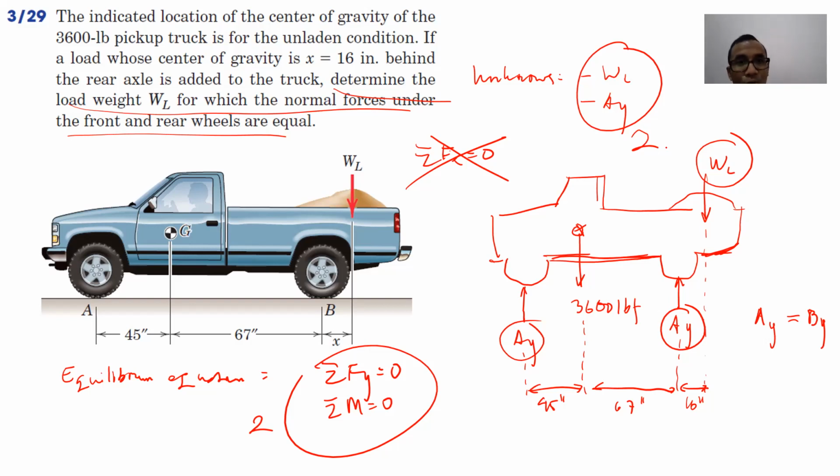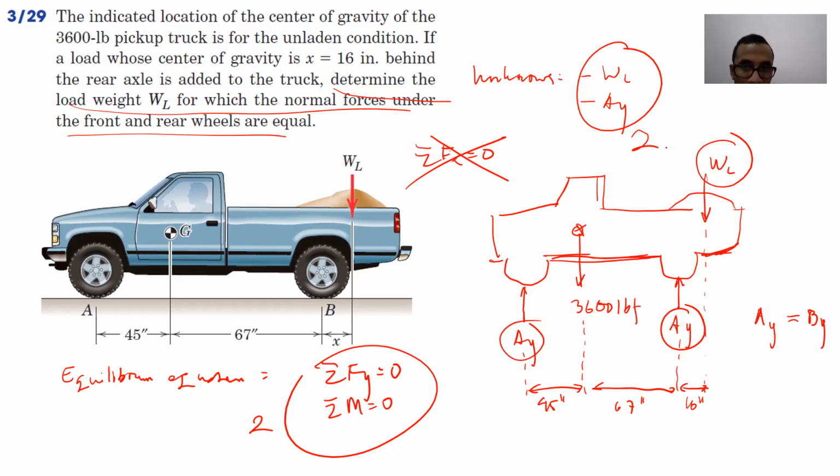So try to use that for your benefit, the sigma moment. Especially with sigma Fy and sigma Fx equal to 0, you cannot do anything about it. But for sigma moment, you can choose any point that you want as the center of rotation and try to eliminate the unknowns there.